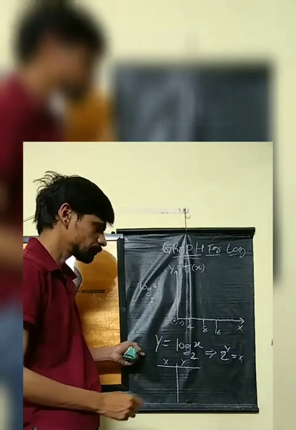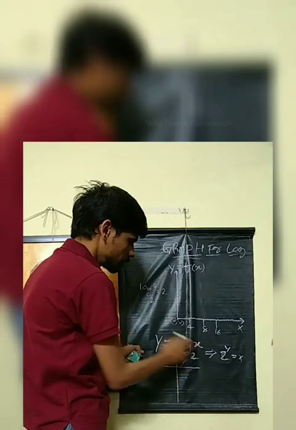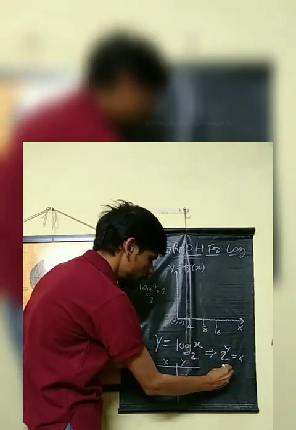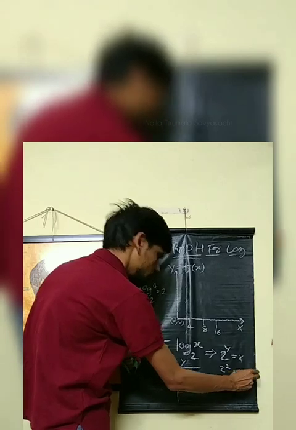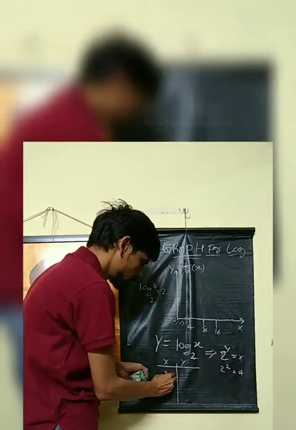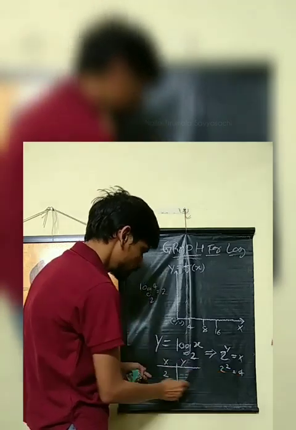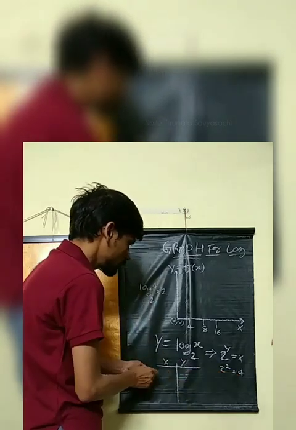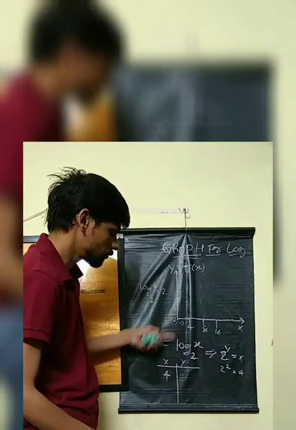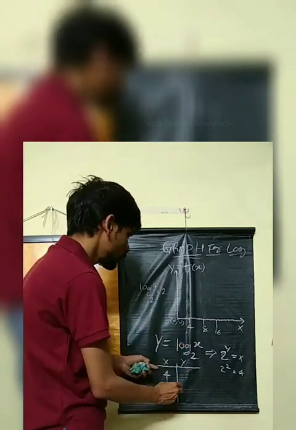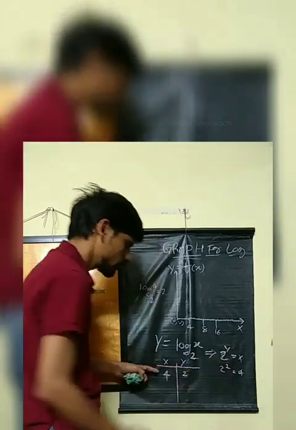It is 2, right? 2 power 2 equals 4. So when I use 4 as x, my y value is 2.